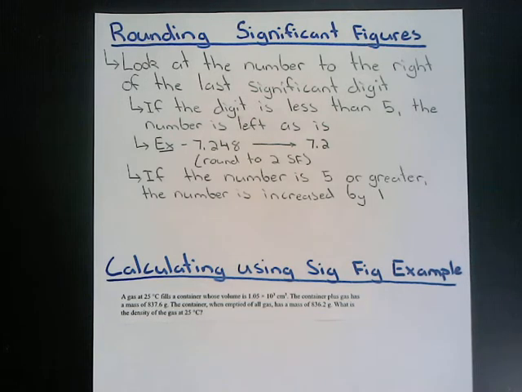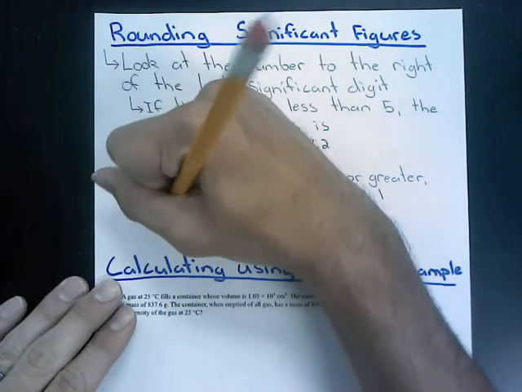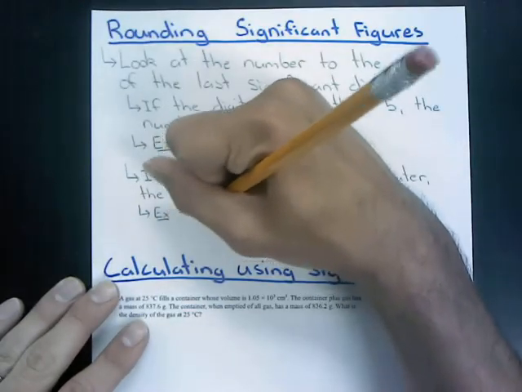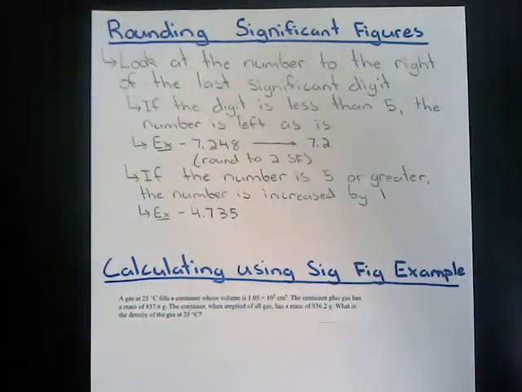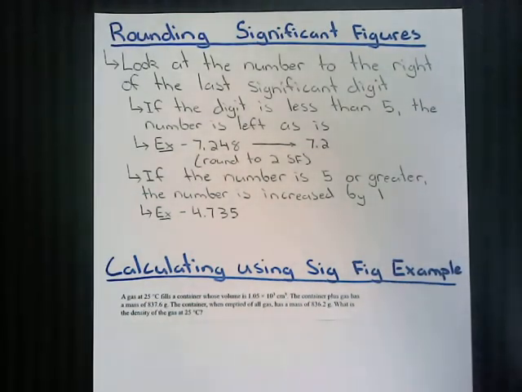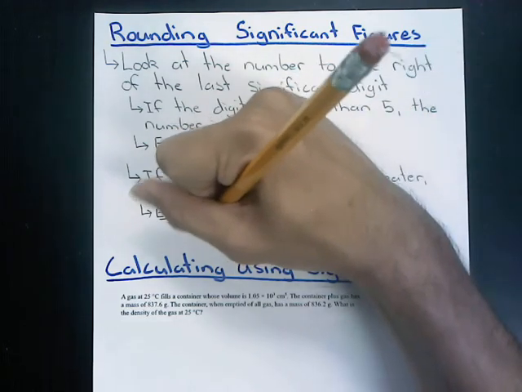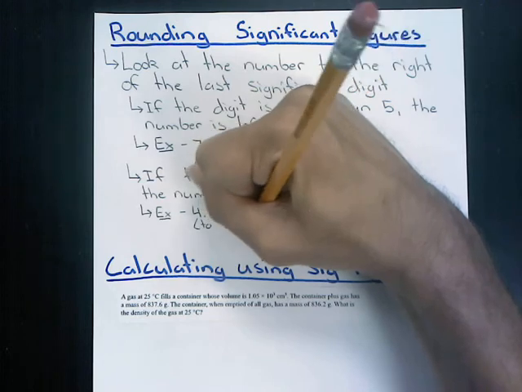An example here, let's say again we have the number 4.735, and we want to round to 3 significant digits. So I'm going to say to 3 SF for significant figures.